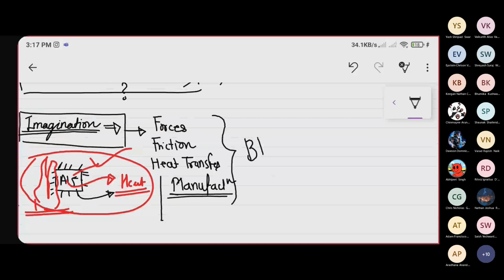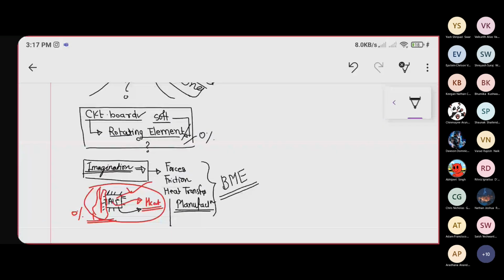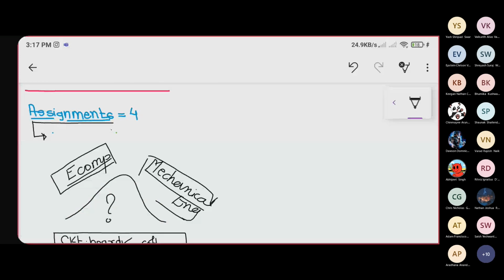Okay, so now you got your answer to why your branch is different, but you are going to study mechanical engineering. Even mechanical engineering students are going to study BEE, basics of electrical, and they are going to learn programming, right?